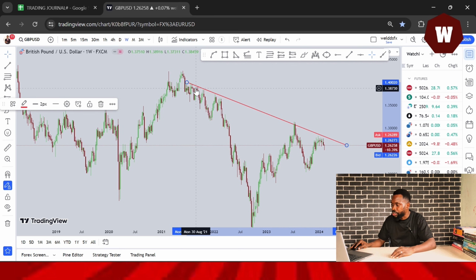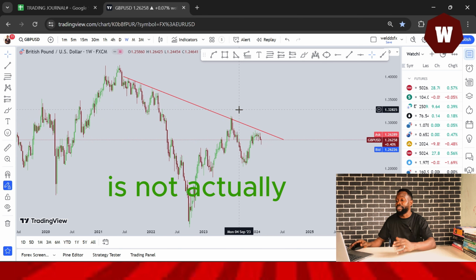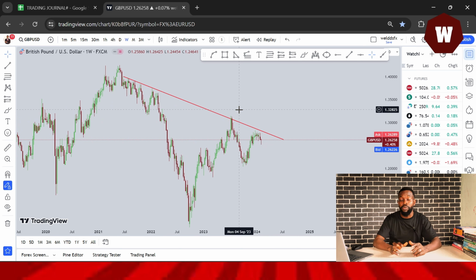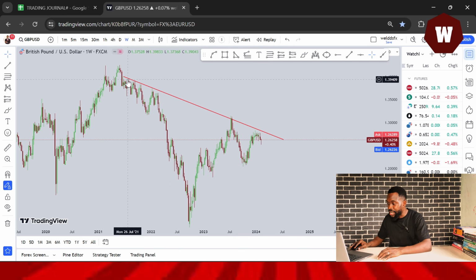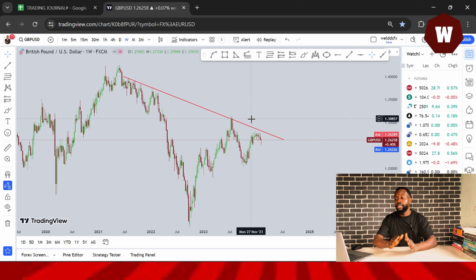So you see that it touched here, touched here, touched here, this point, and then here. Because a trend line is not actually an exact line. Most of the time the trend line is a zone. So you can now see that this trend line touched 1, 2, 3, 4, 5, and 6. So it clearly showed you that this currency has been moving down. That is the number 1 point we need to note.